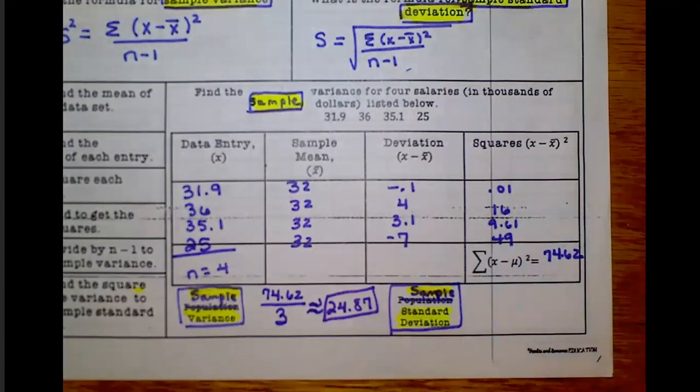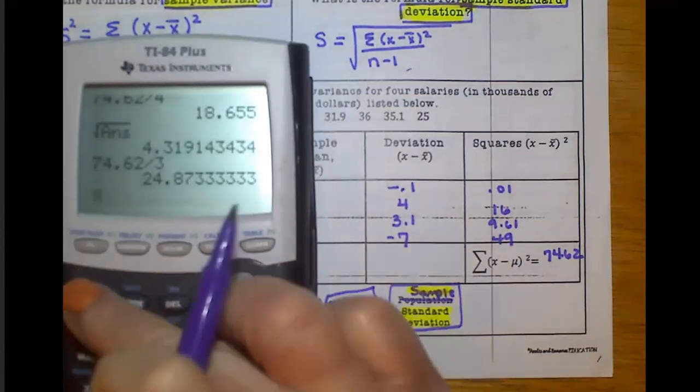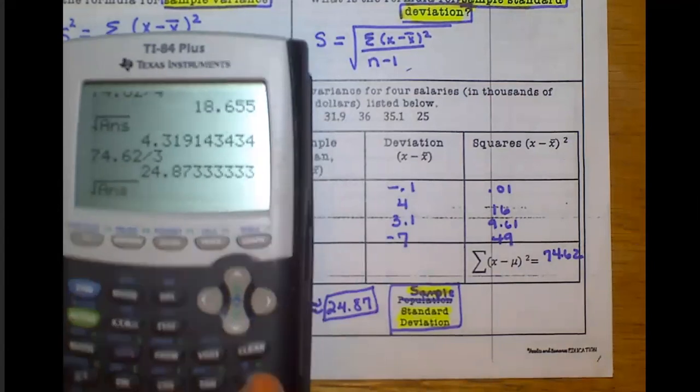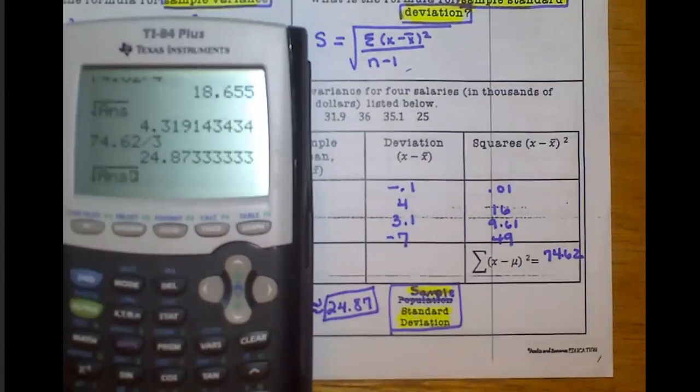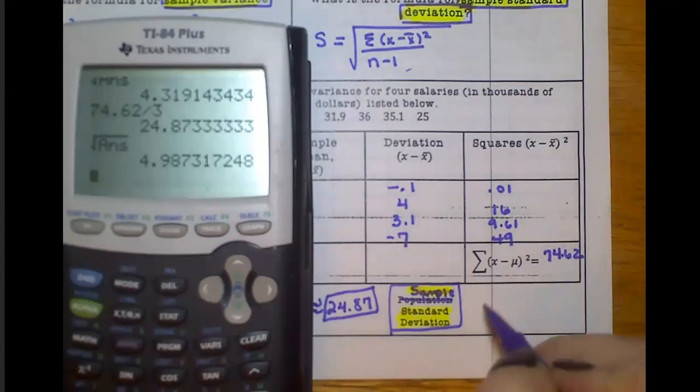Now, I want you to understand that when you go back and do the square root to get the standard deviation, do not use the rounded one, okay? You need to do second square root and call up the whole entire answer. So you need to call up the whole entire answer when you square root it to get your standard deviation. Then after you do that, you would round from this point if you were rounding to 2 places, and that 7 bumps that 8 up to a 9.